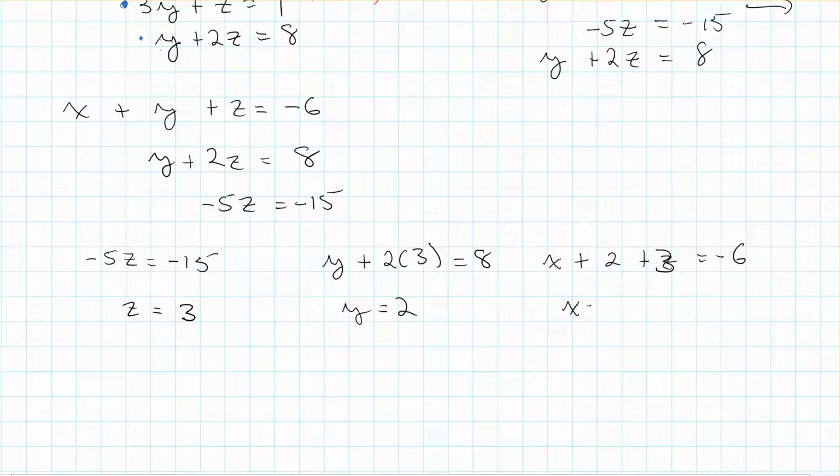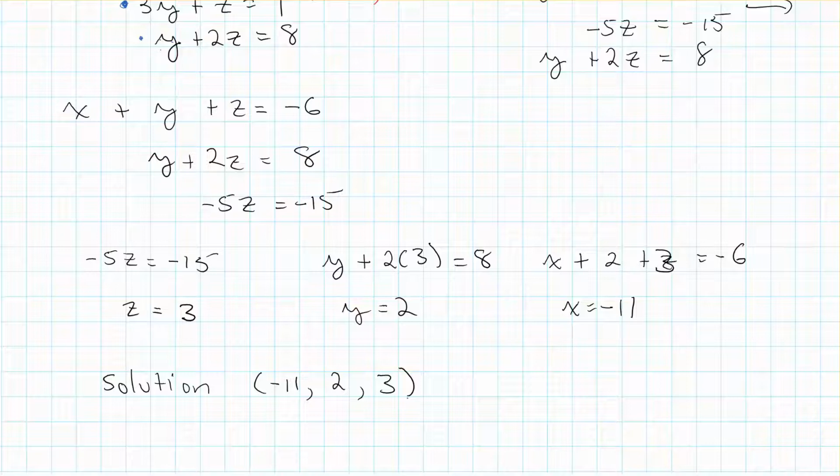And that would mean that x is negative 11. So our solution, remembering that you write it x, y, z, would be negative 11, 2, 3. So I really don't think the problems are hard. They're just a tiny bit maybe tedious just because of the length of the problems.